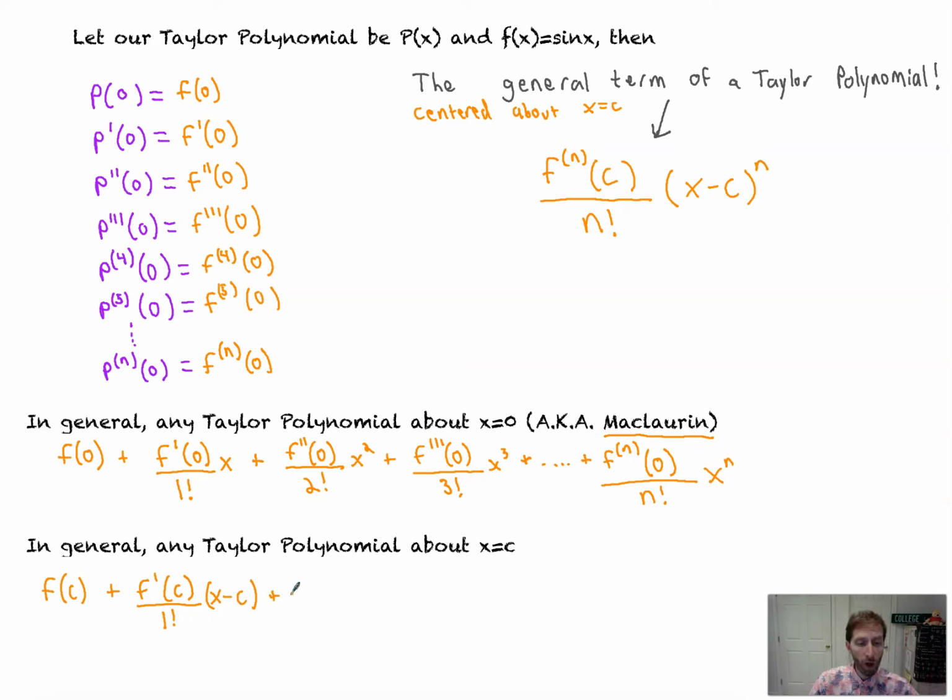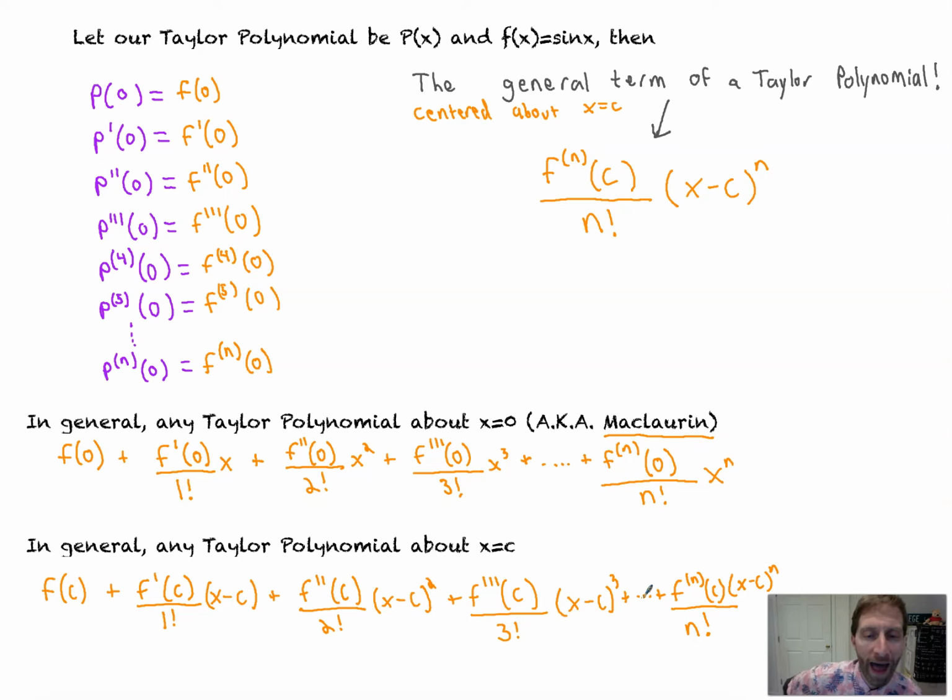And then we've got plus f double prime of c over 2 factorial times x minus c squared, plus f triple prime of c, all over 3 factorial times, it's beautiful, x minus c cubed, plus dot, dot, dot, and then our nth term, which would be this term right here, f to the nth derivative of c, all over n factorial. That's it.